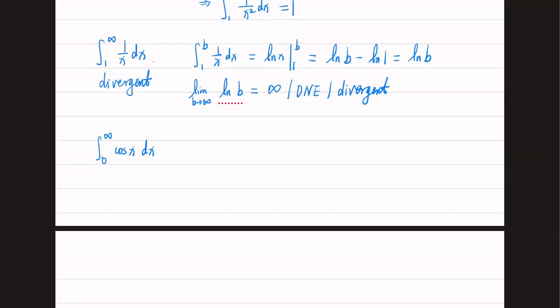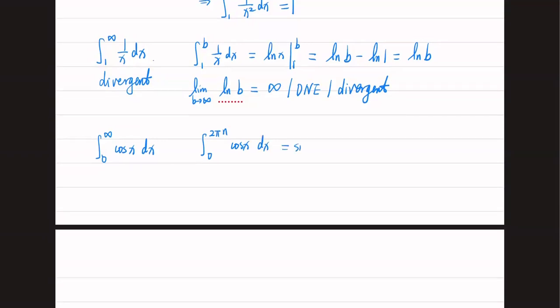So here, if we start from 0 to 2 pi n of cosine x dx, we get sine x from 0 to 2 pi n, which is sine 2 pi n minus sine 0.